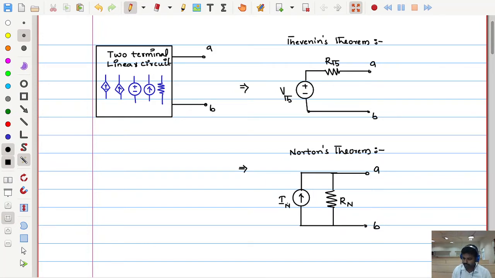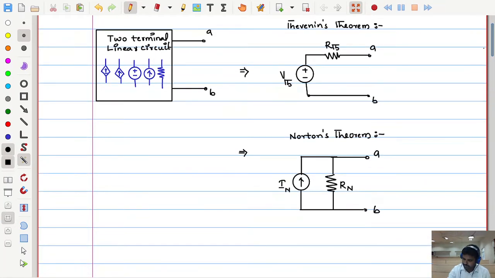this current is Norton's current. And if we see the pattern of these two, try to observe, a voltage source in series with a resistor can be imagined as a practical voltage source, whereas a current source in parallel with a resistor looks like a practical current source.